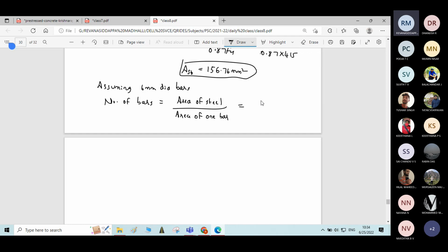That is 156.76 divided by pi into 6 square by 4, which gives around 5.54. You can round it up to 6 numbers.